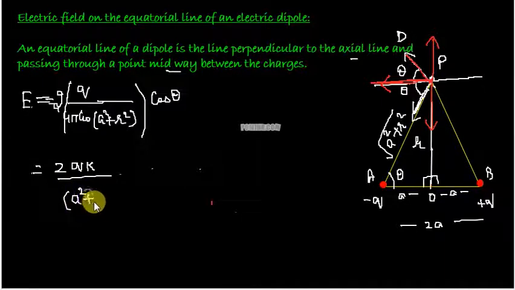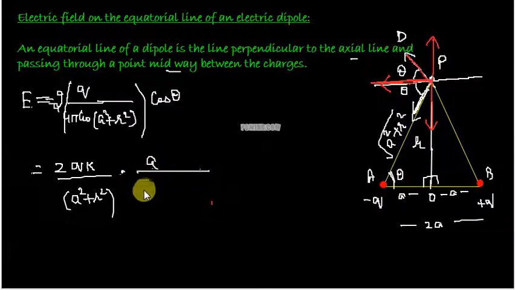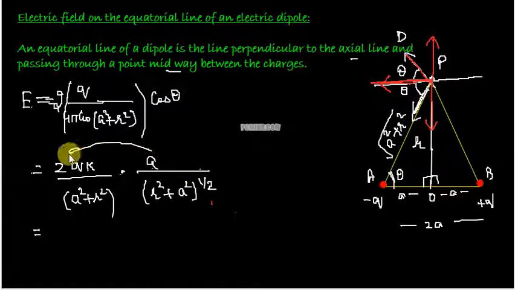And what is the value of cos theta? We can find cos theta from here. It's base upon hypotenuse. So, I'll substitute the value of cos theta as a, the base, upon r square plus a square raised to the power 1 by 2. Right, and when I put this value, what is 2q times a? The product is p, so I get p k upon a square plus r square.